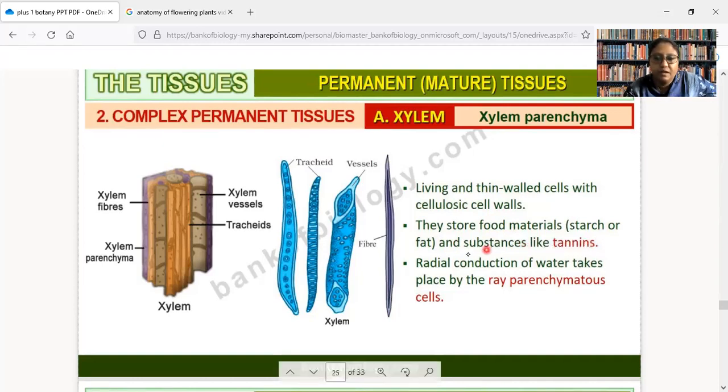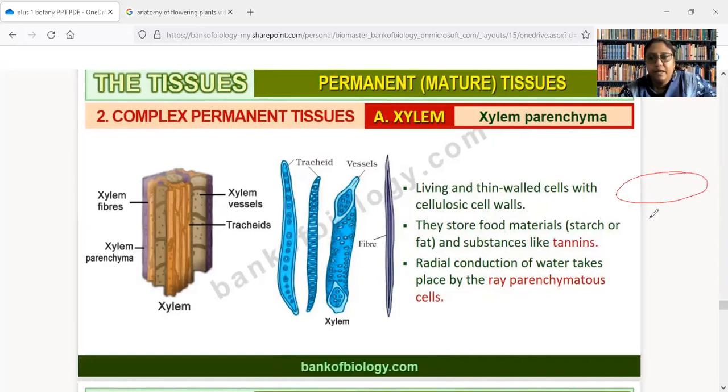So there are parenchyma cells which are known as ray parenchyma. Consider a situation if you have a stem, at the center part of it there is xylem. Now water needs to reach in all directions from here, no?